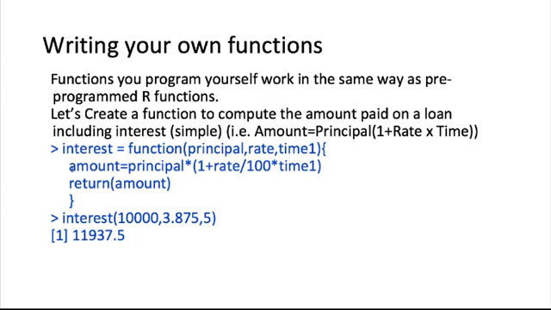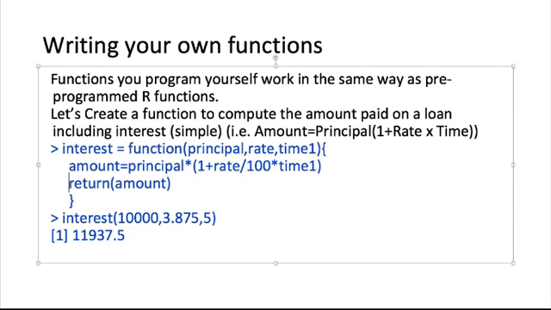So for the amount, it's going to be principal times 1 plus the rate divided by 100 times time1. So this is how it's going to compute the amount given these arguments. And it's going to return back to the user an amount.